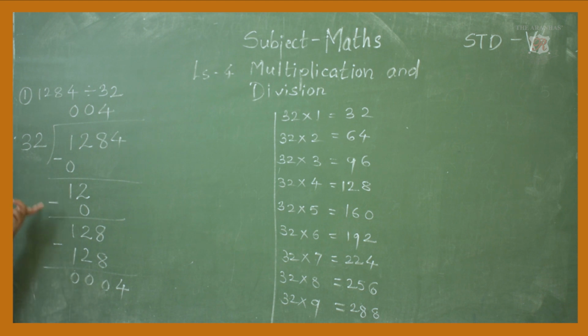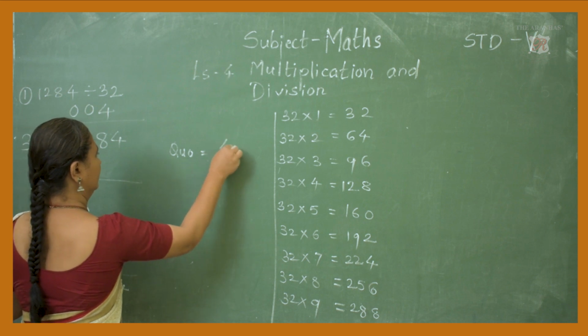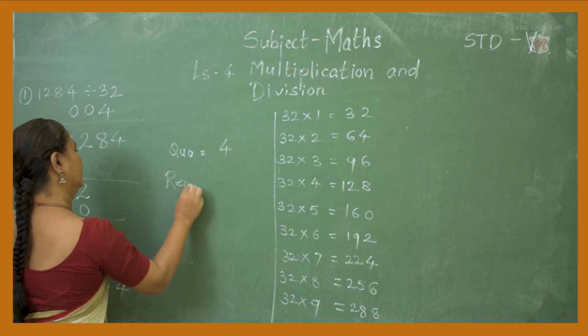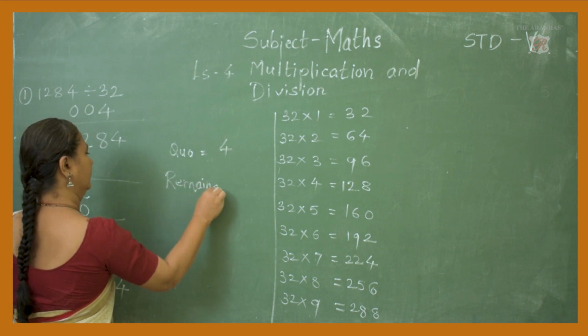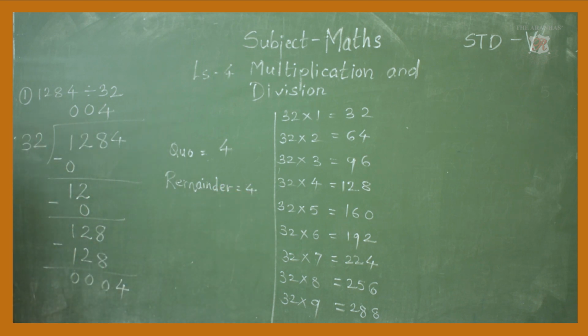Again 4 is less than 32, so we have to stop the calculation. So write the quotient and remainder. What is the quotient? 4 is the quotient. And what is the remainder? The remainder is also 4. So write here quotient and remainder also 4. Understood?